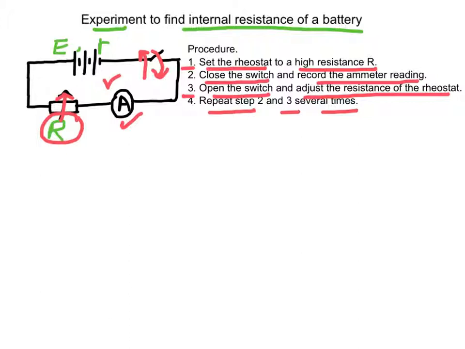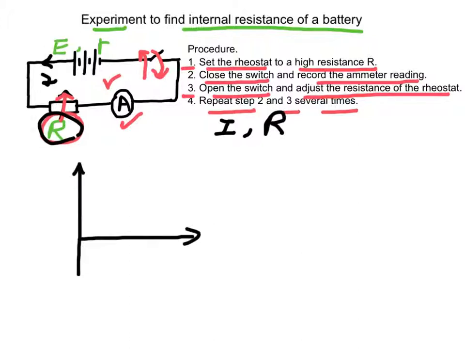After the experiment, we obtain different sets of currents I in the circuit and different sets of readings of resistance of rheostat R. Plot a graph of R against 1 over I. The graph would be a straight line.